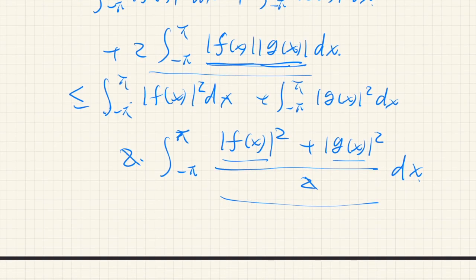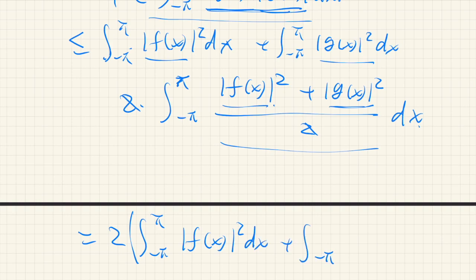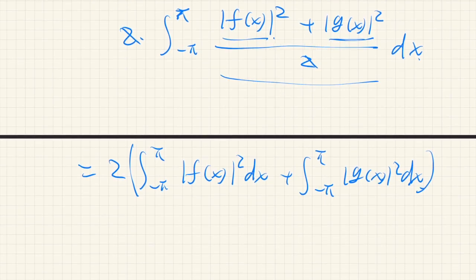So these two will cancel, and we have f modulus squared here, and g modulus squared here and here. So let's combine them together, and we have this and this, g of x. So by assumption, this is finite and this is finite.